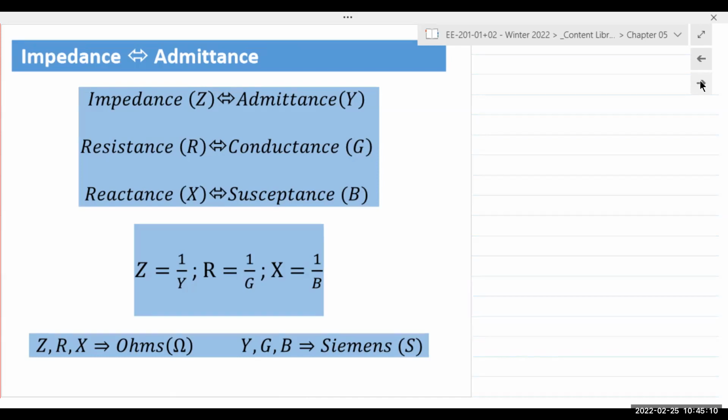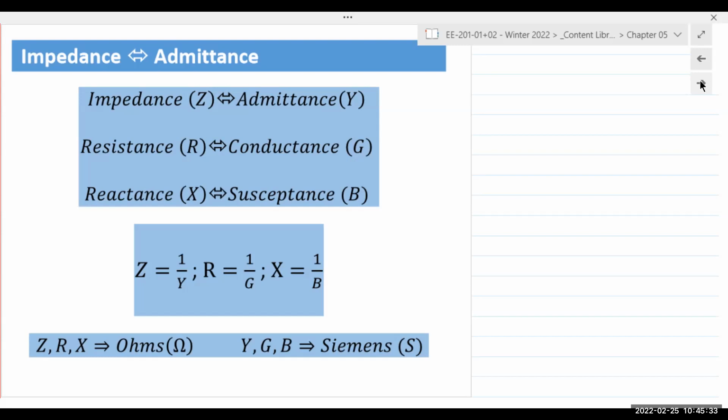We started off the chapter Basic Physics by talking about conductors, right? Passage of electrons in a piece of material, meaning we're talking about conduction of electrons. A material that allows easy conduction is known as a conductor. Any opposition to the passage of electrons is termed as resistance. So resistance and conductance are reciprocals of each other.